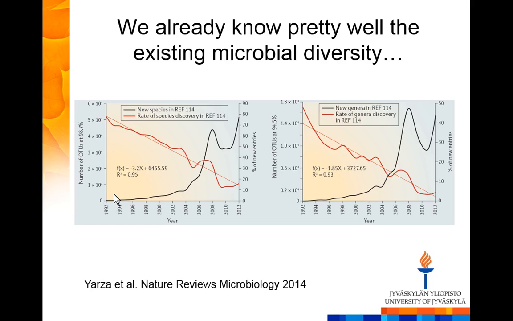If you don't have a sample from the moon, don't expect that 40% of your species or genera are from unknown phyla, because then I think it's just usually rubbish data. We already have most of the known diversity in the databases.